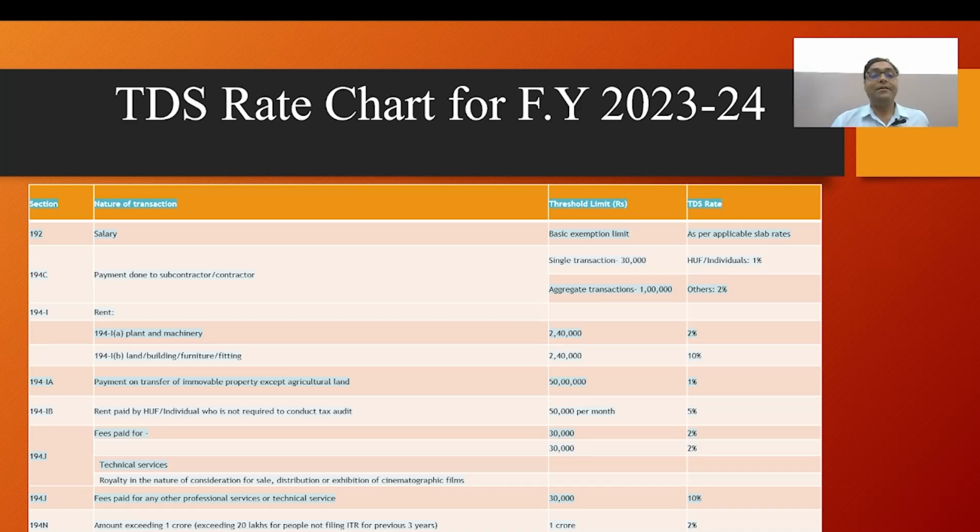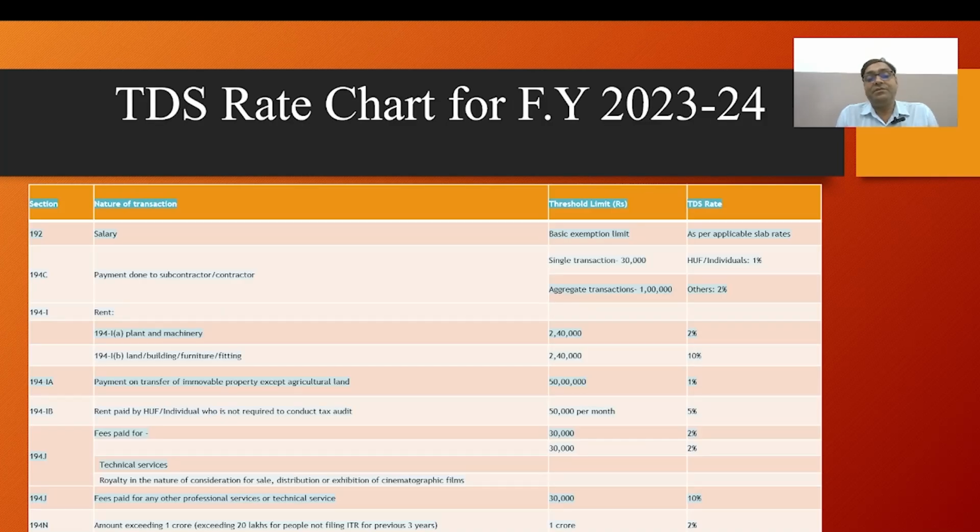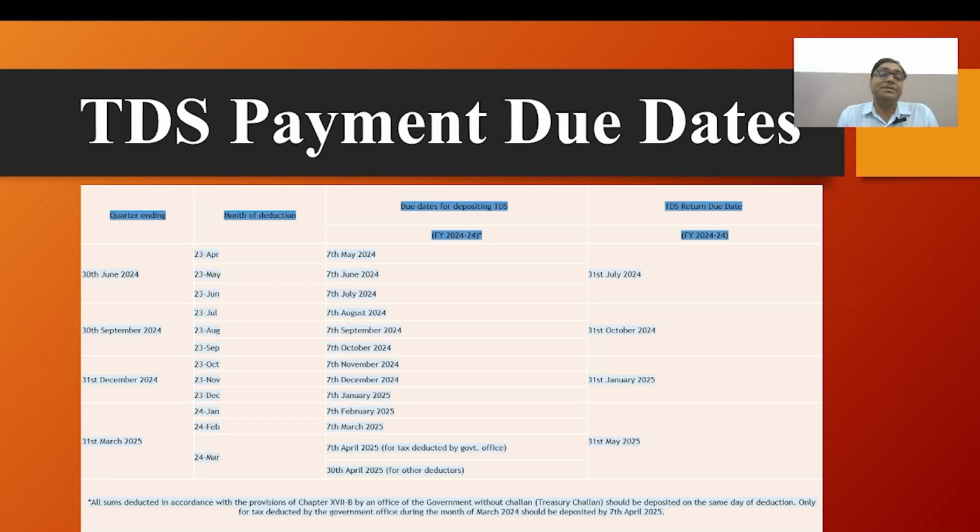Here we are discussing the TDS payment due dates. First, we will discuss the structure of the TDS and the percentage of TDS. Then we will discuss how much TDS you collect and how you can pay it to the TDS department.